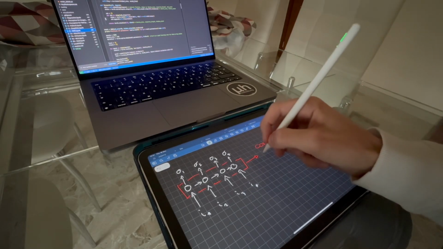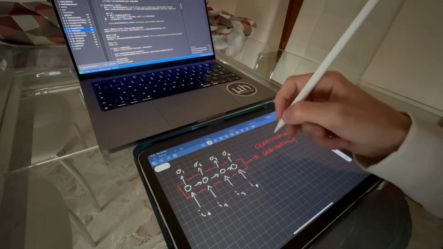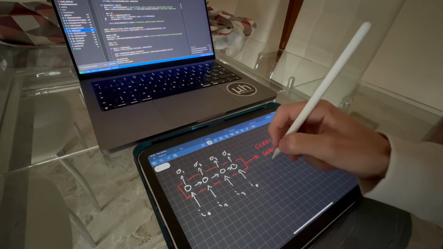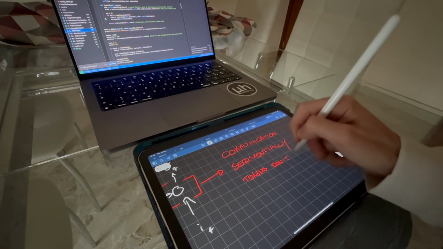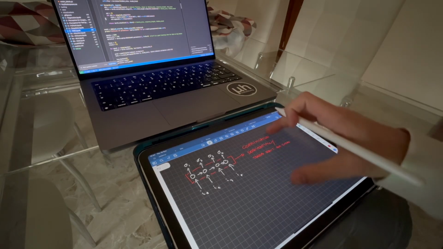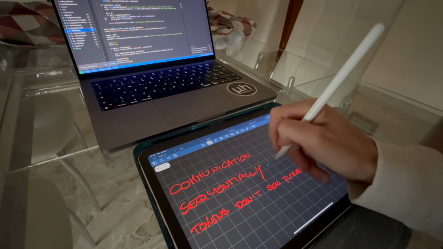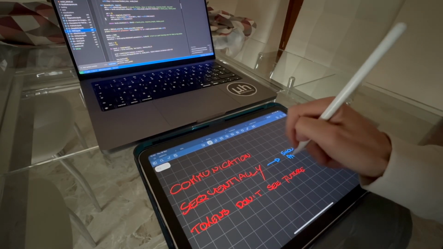It's doing it sequentially, and it's blocking past tokens to see future ones. Yes, tokens don't see the future. What we need is another architecture that does basically the same thing, but this should be parallel.